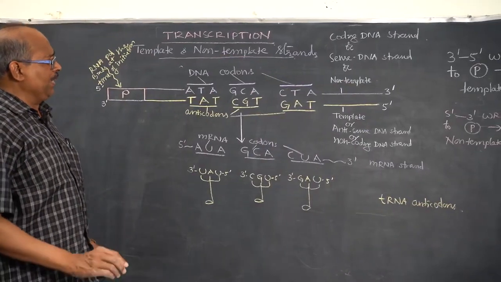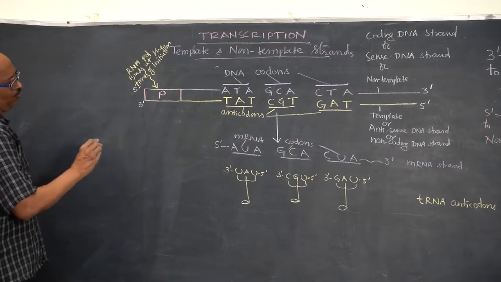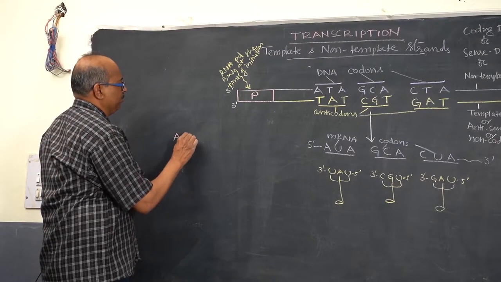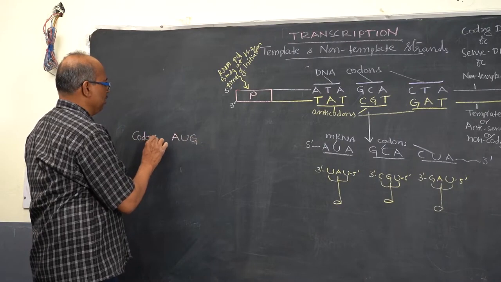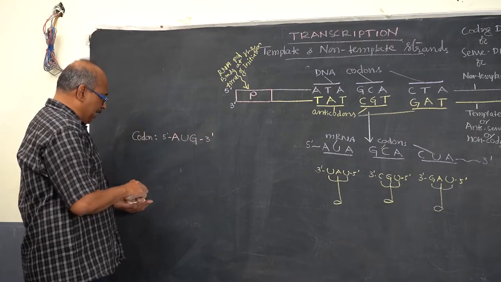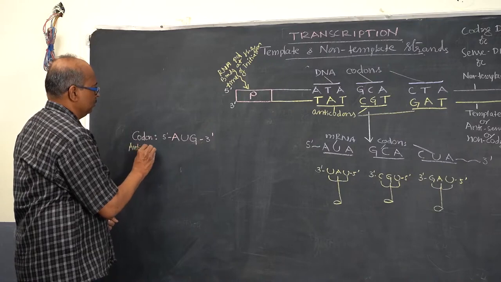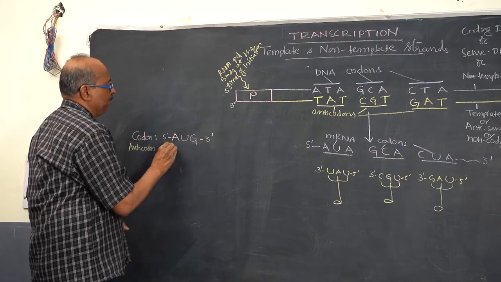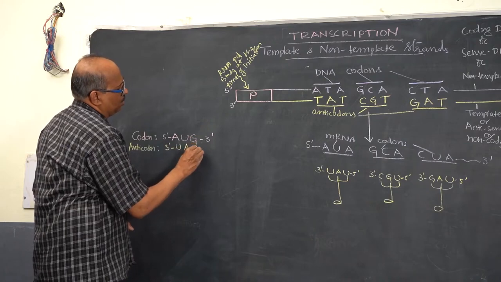Now when you go for pairing anticodons, you write from 3' to 5'. For example, if your codon is AUG, that codes for methionine. You write 5 prime to 3 prime. Your anticodon should be complementary, so it comes 3 prime, A for U, U for A, G for C, 5 prime.